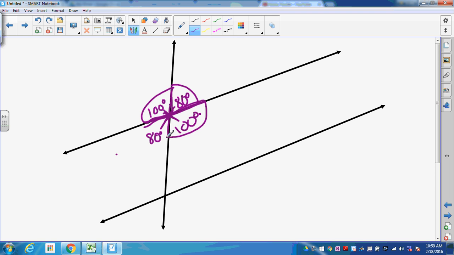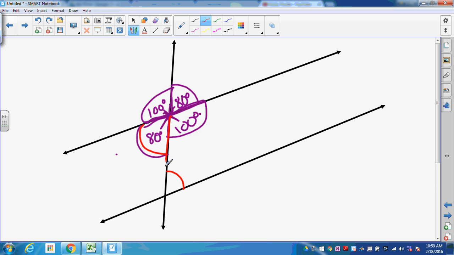All right, so next I'm going to use my alternate interior angles definition. I know that this 80 degree angle, I'm going to change colors actually, let's do some red. This 80 degree angle and this angle right here are alternate interior angles.